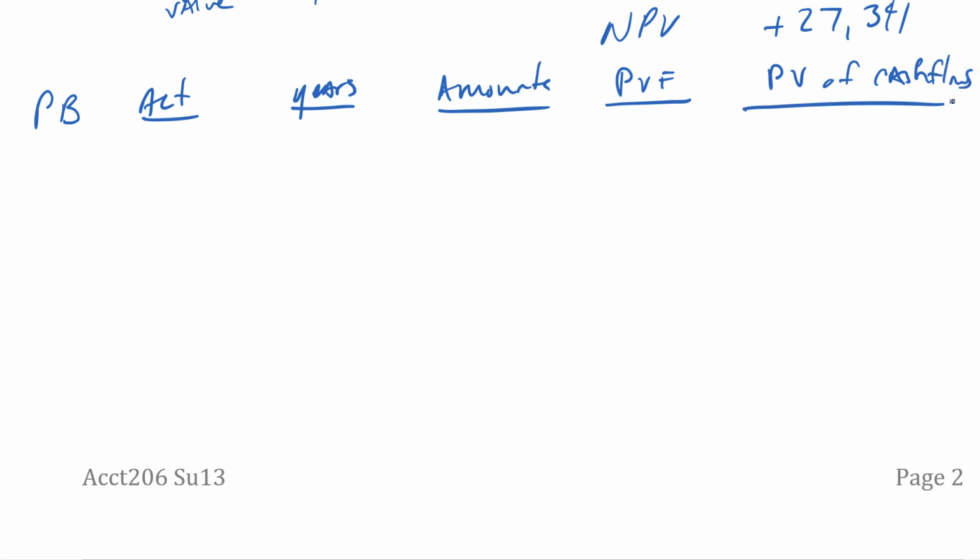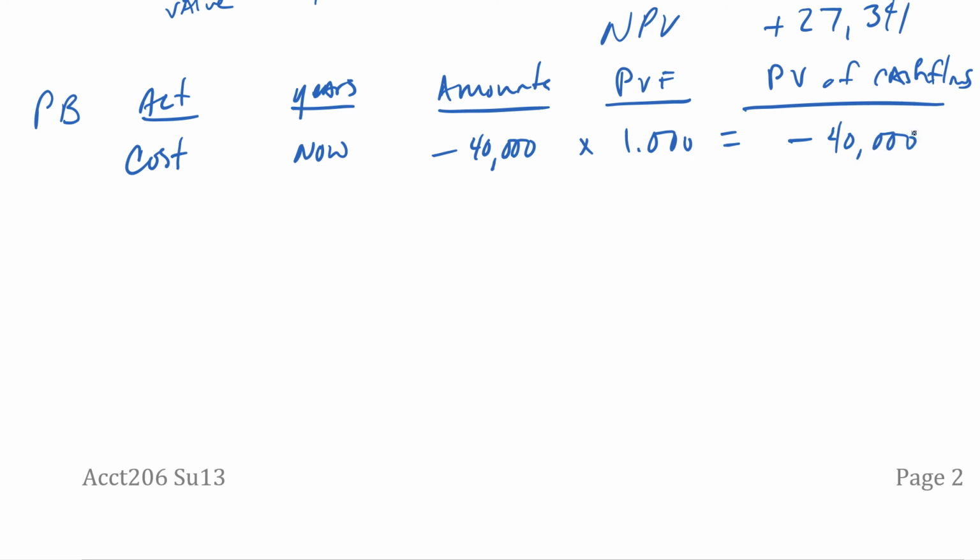Now we had more items related to project B, so again, we're just going to check them off. We have the initial cost. When does that happen? Now. What is the amount? 40,000, and it's an outflow. If it happens today, the present value factor is 1. So the present value of that is minus 40,000.